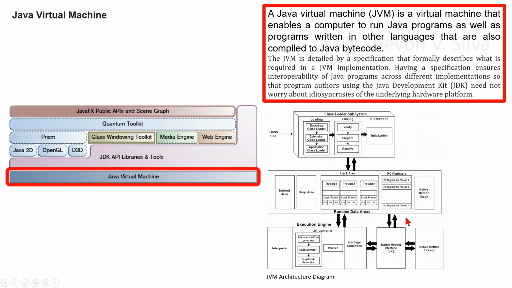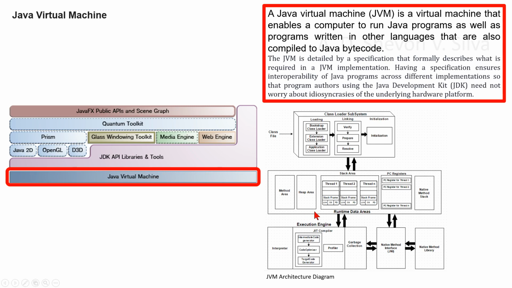Runtime data area. The runtime data area is divided into 5 major components. Method area: all the class level data will be stored here, including static variables. There is only one method area per JVM and it is a shared resource.